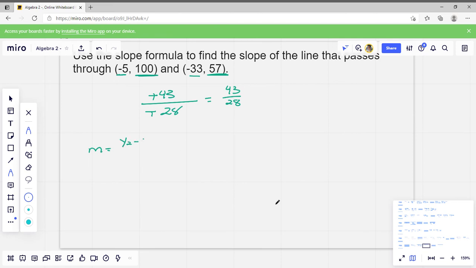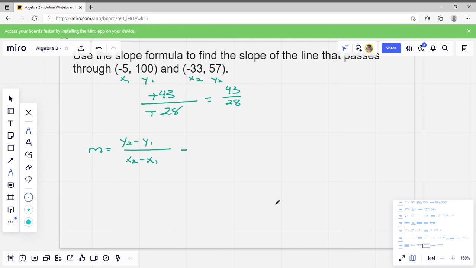y2 minus y1 over x2 minus x1, and then I could label these up here: x1, y1, x2, y2.